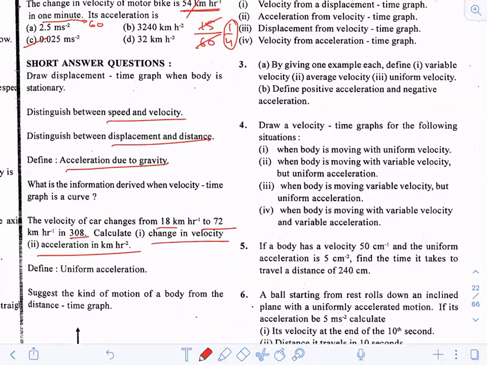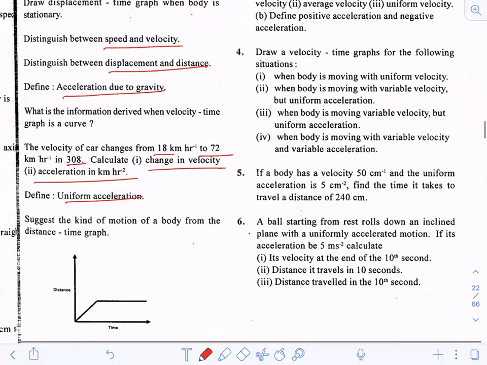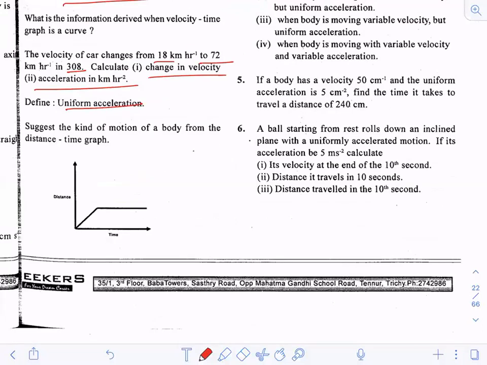Here we have a graph question. Suggest the kind of motion of a body from the distance time graph. So we will see this question. From the distance time graph, I have got a graph shown to me.